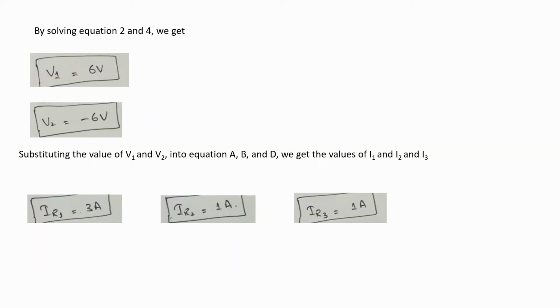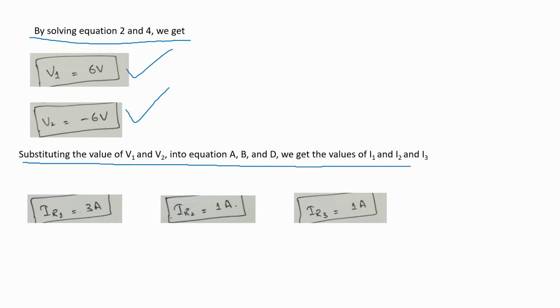By solving equations 2 and 4 by any method you have studied in calculus, you will get the value of V1 equal to 6 volts and V2 equal to minus 6 volts. Now substituting these values of V1 and V2 into equations A, B and D, we will get the values of I1, I2 and I3.